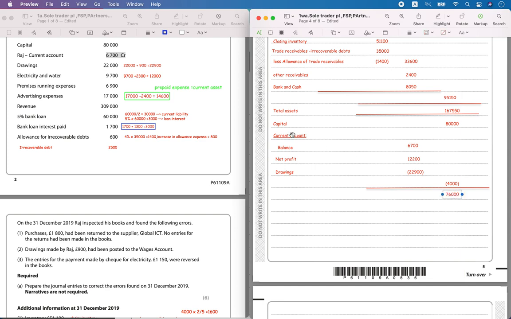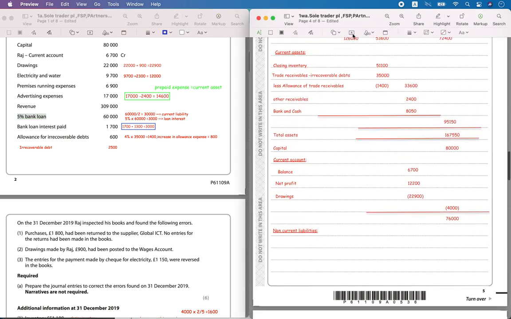Now let's proceed to the non-current liabilities. In the additional information, it has been given that the 5% bank loan is a repayable loan, half of which I have to pay off this year. So the remaining half will be paid in 2020.